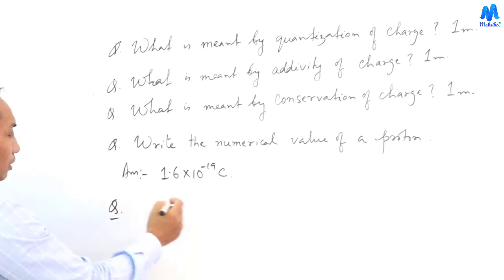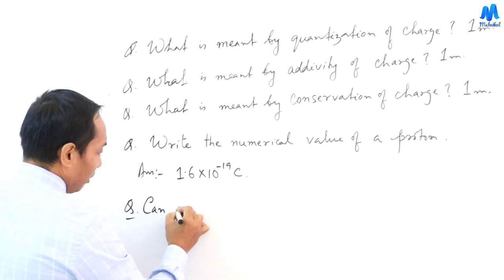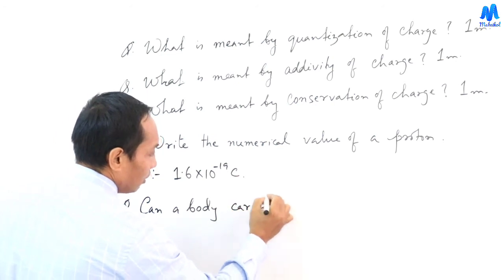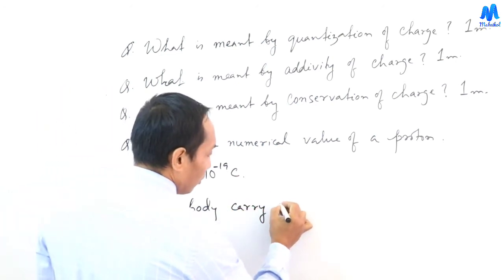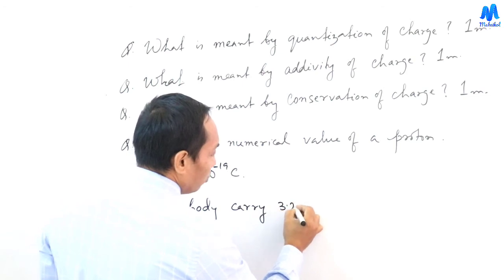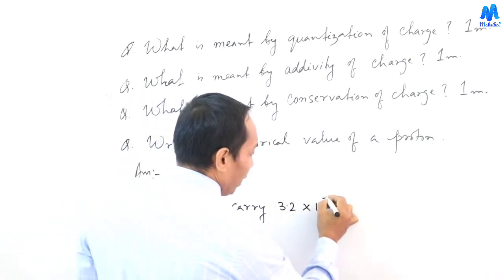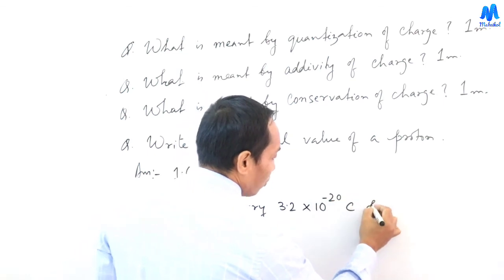Can a body carry 3.2 into 10 to the power minus 20 coulomb of charge?